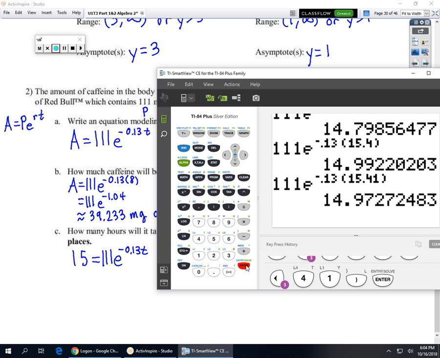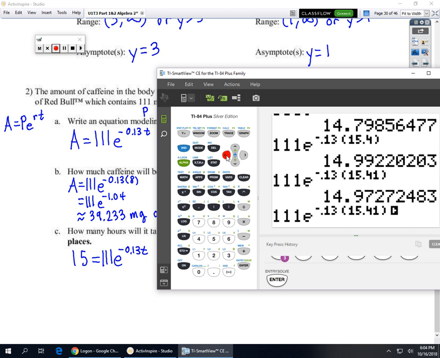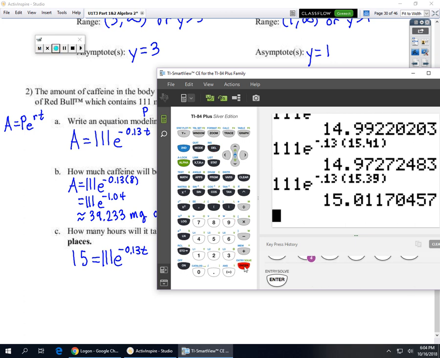Let's try 15.3. Actually, let's try 15.39. There you go. So 15.39, I get pretty close to 15. And then after 15.39, I get 15.40. So 15.39 or 15.40. Either of those two would work.